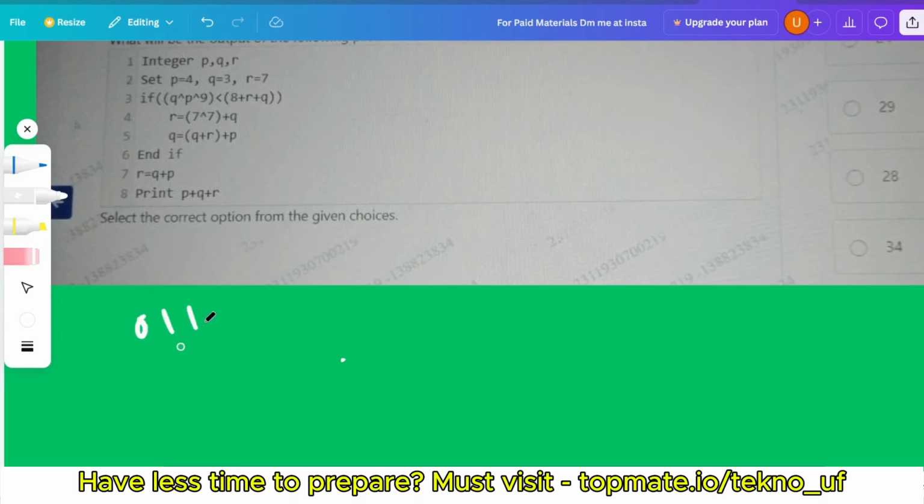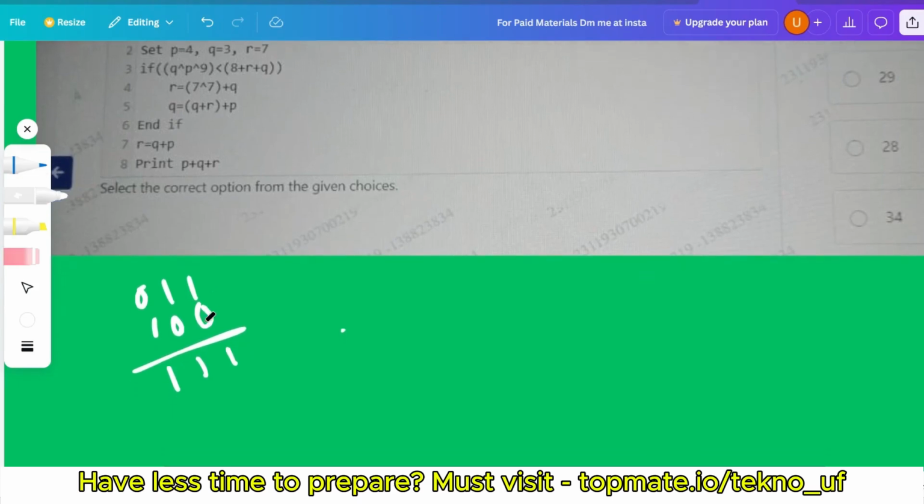And p means 4, so 4 is equivalent to 1 0 0. If we calculate the XOR operation between them, as I have told you earlier, if one bit is different, then the answer is true. That is for the XOR operation. And then q XOR p XOR 9.